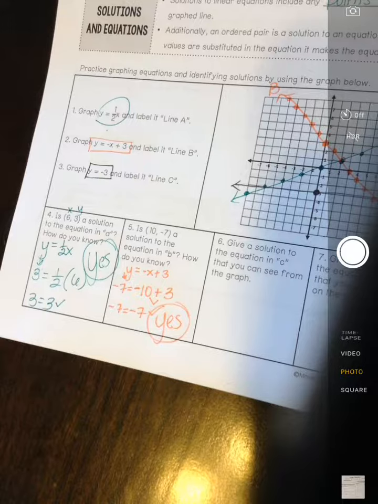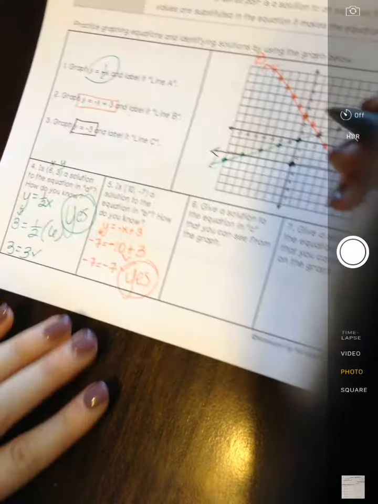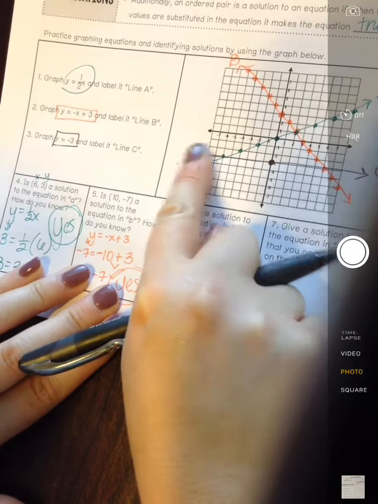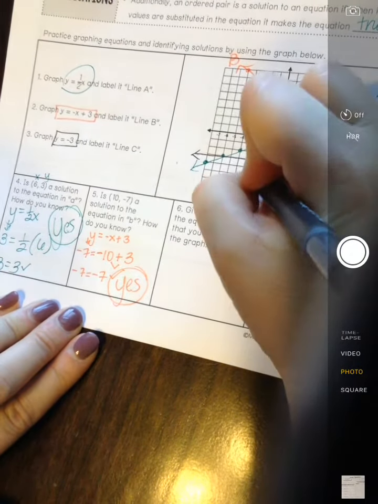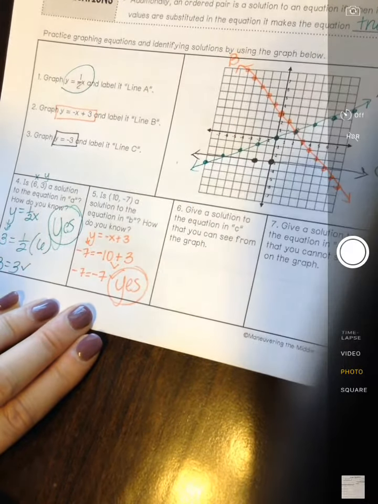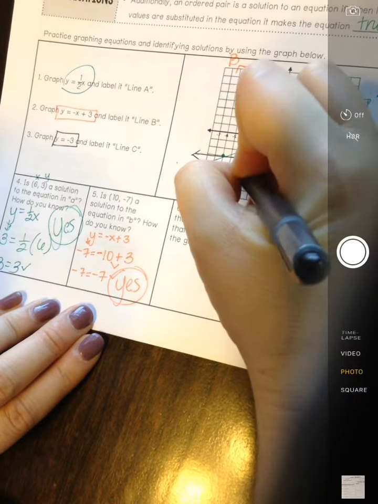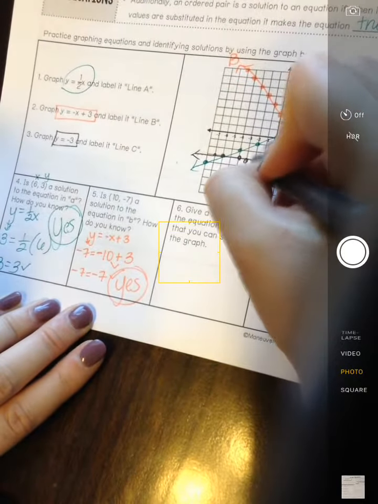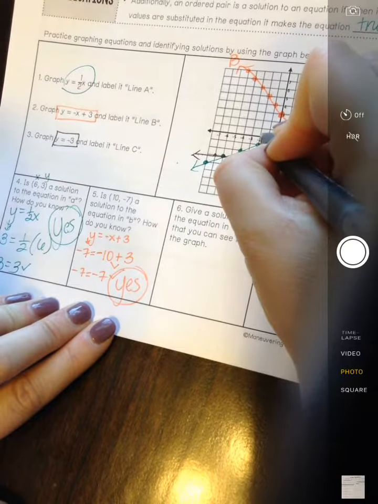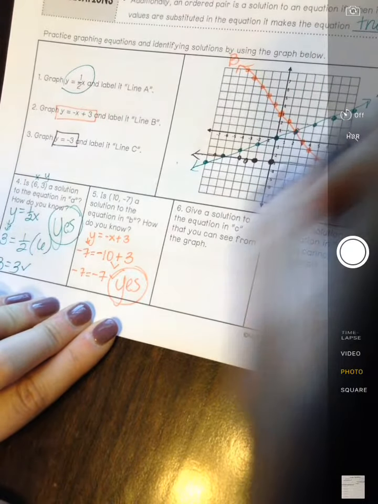It says give a solution to the equation in C that you can see from the graph. So I just need to give any ordered pair that would lie on this horizontal line. I'm just going to pick this one right here, but I could have really picked any single one of these points. So my ordered pair would be negative 2, negative 3.